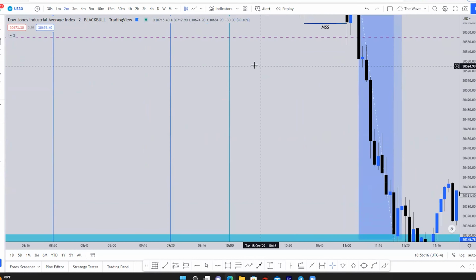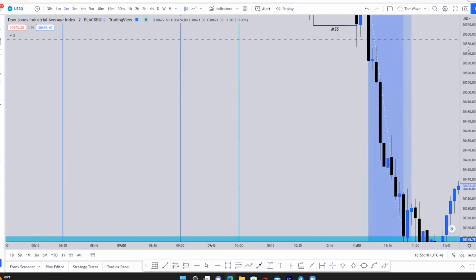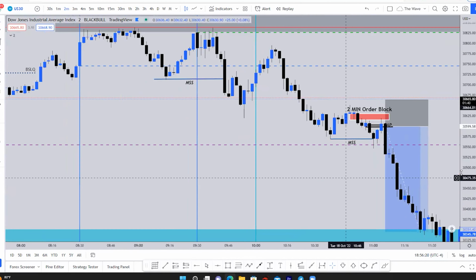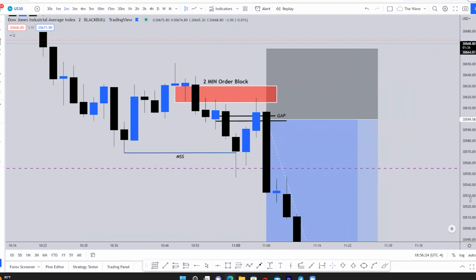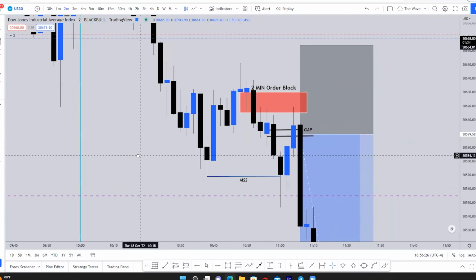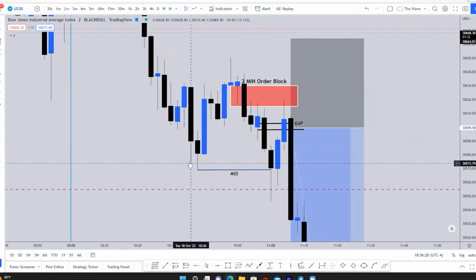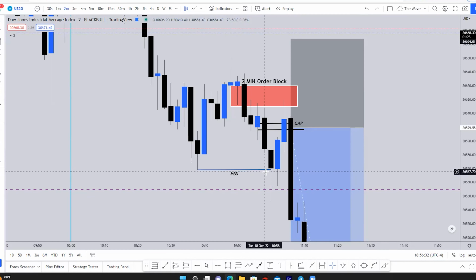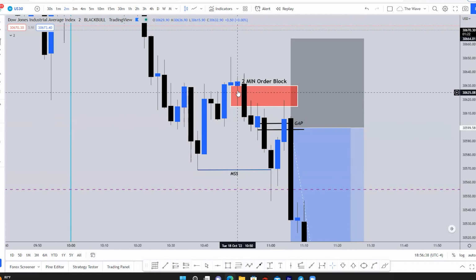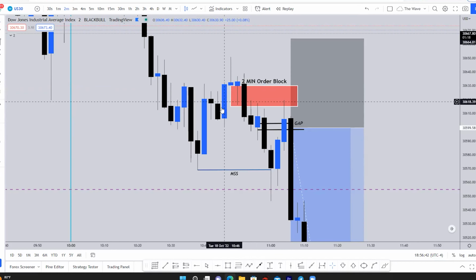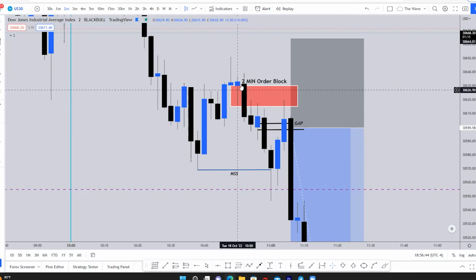So all we did was wait, and if you see here on the 2-minute, you had this swing low here, which the market broke with this push down, the market structure break here. Just before that market structure break, you have these last 3 up candles.